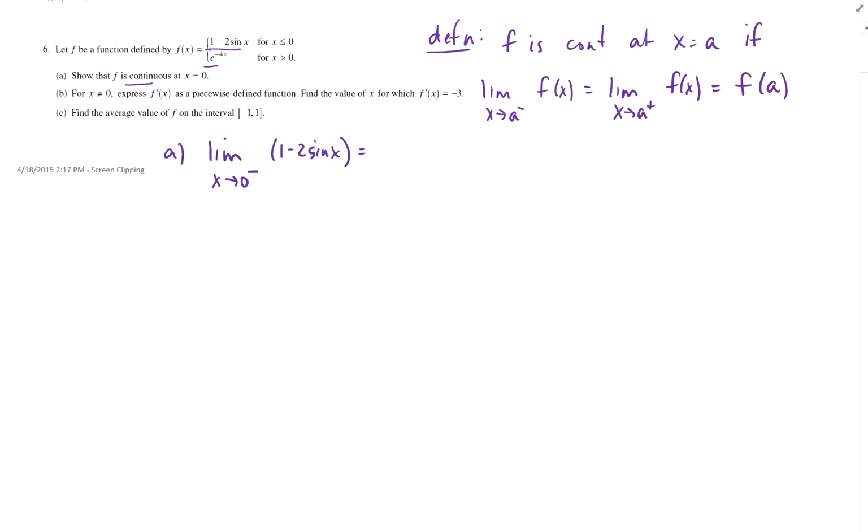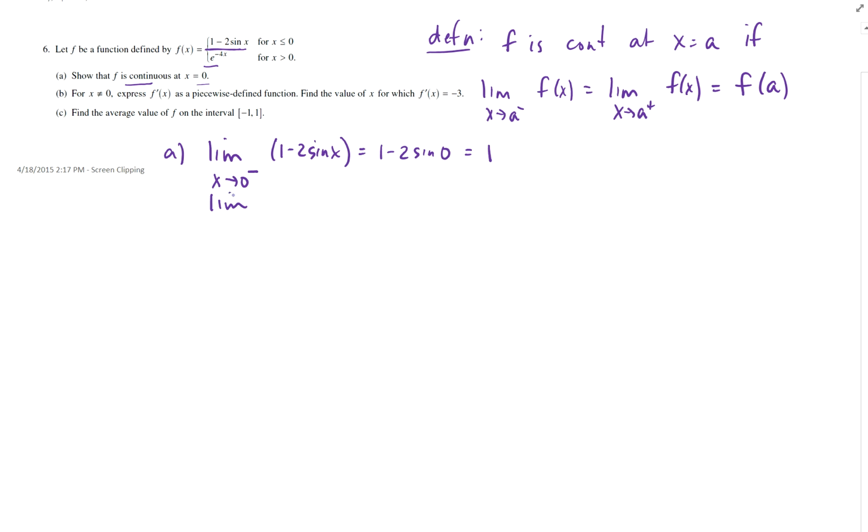We're not showing that this is continuous. We're showing this function is continuous at the point 0 by using the definition. So as it approaches 0 from the left, I plug 0 in for x, and I get 1 minus 2 sine of 0, and the sine of 0 is 0, so that gives me 1.